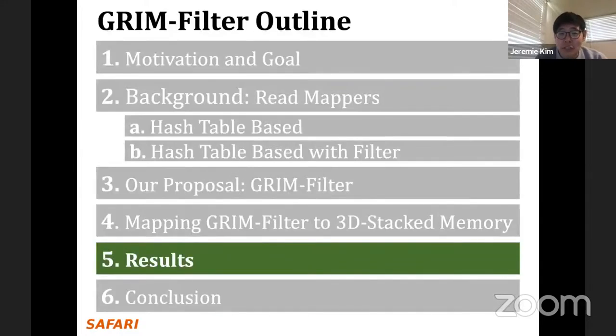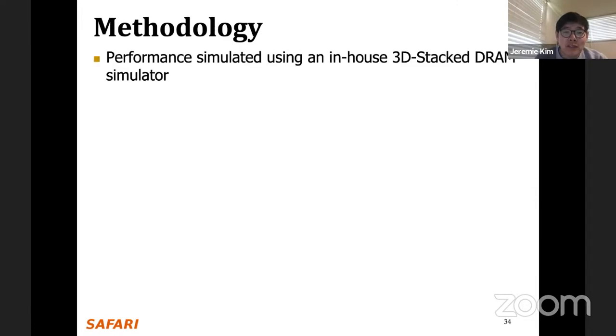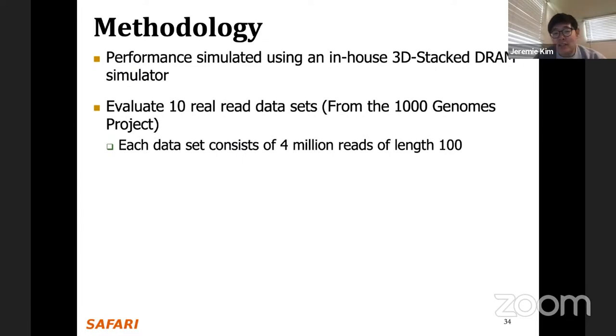So now let's get into the results. To gather our results, we did performance simulation using an in-house 3D stacked DRAM simulator. And we evaluate 10 real read data sets, which are from the 1,000 Genomes project. Each data set consists of 4 million reads of length 100.